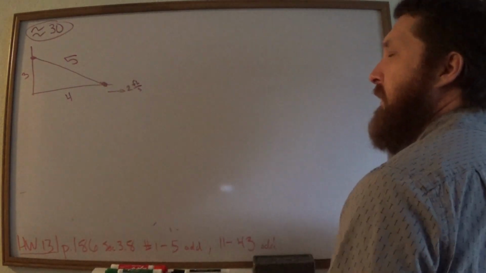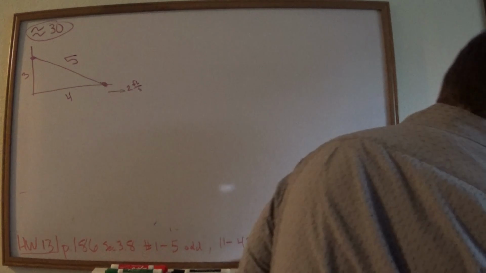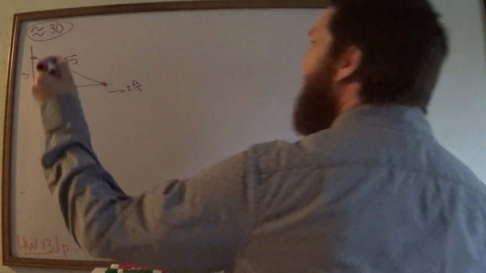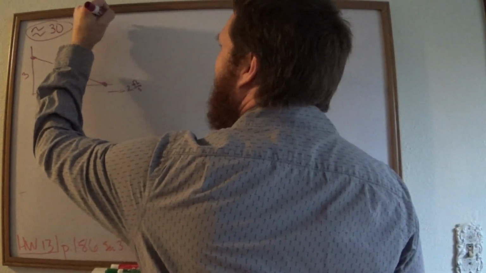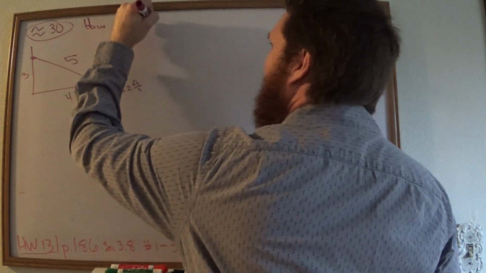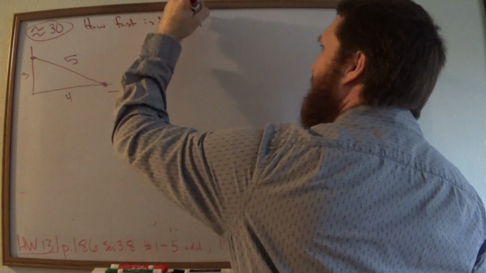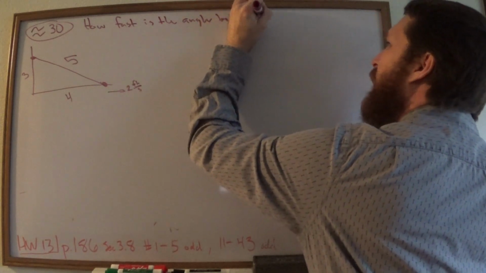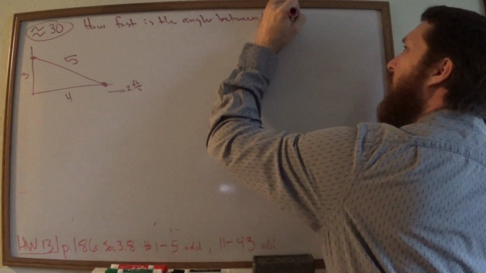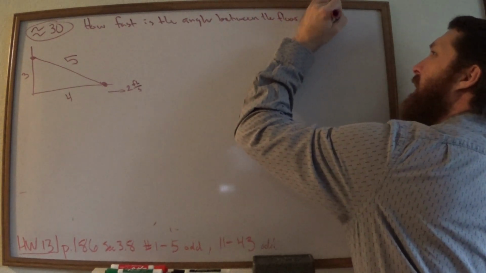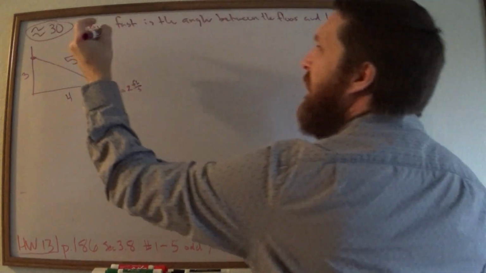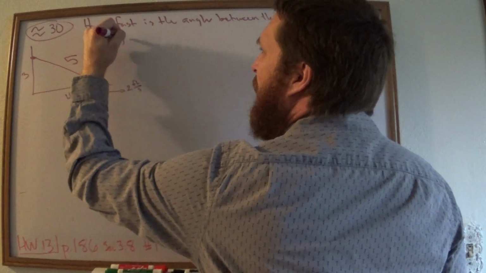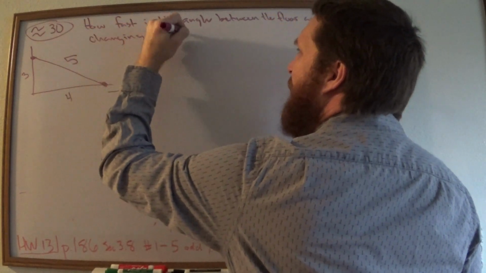Given that setup, now here's the question. How fast is the angle between the floor and the ladder changing at this instant?